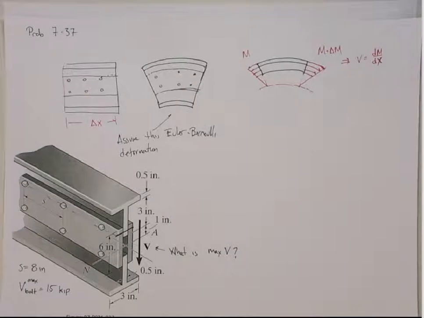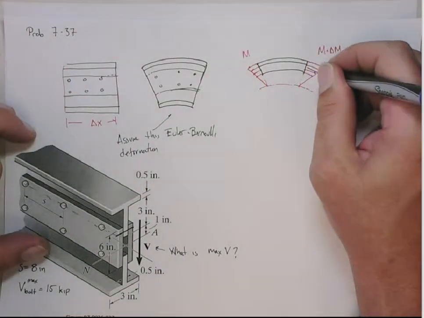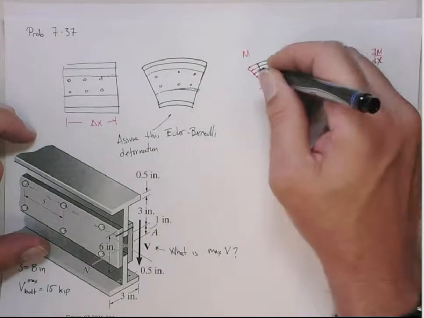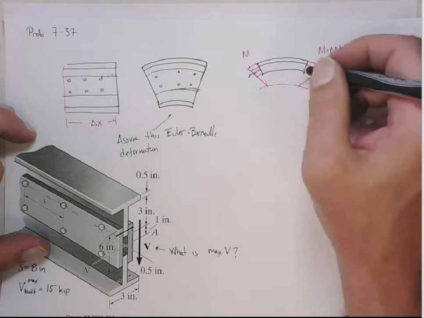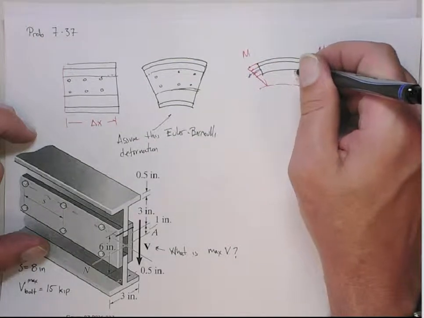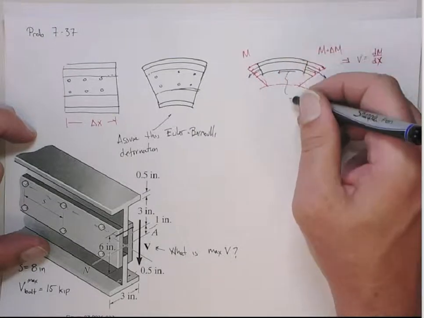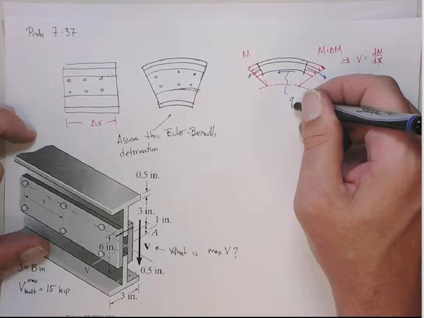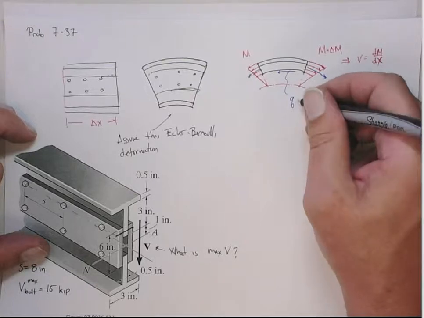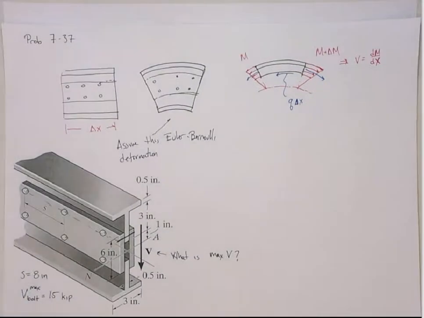Because when you look at this, the net force on this side is greater than the net force going this way. So that means there has to be another force that balances that out. This is the shear force, the q times the length delta x, if you will, right?